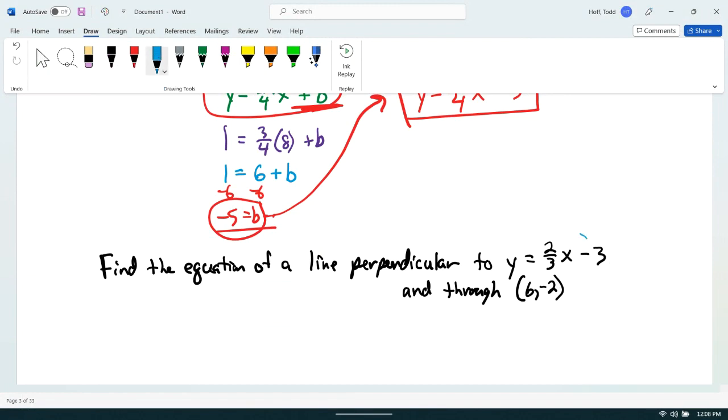So once again, from this equation here, the only piece we want is the slope. So our slope is 2/3.